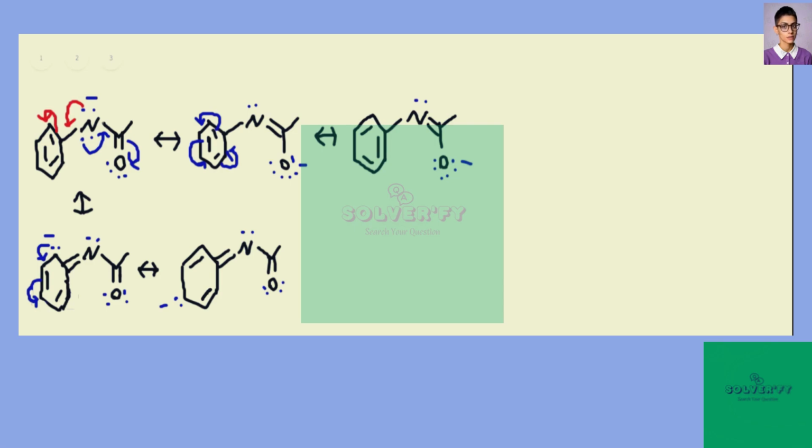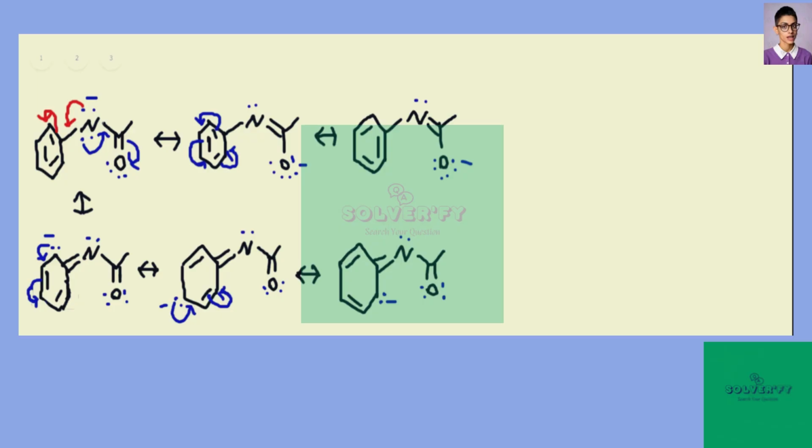So now from here, these electrons could add in here, and these electrons could revert to that carbon. Okay, there we go. All right, so there's our lone pair and our negative charge.